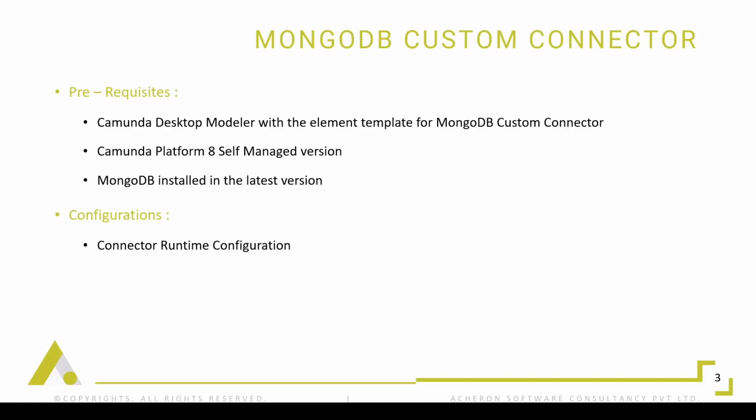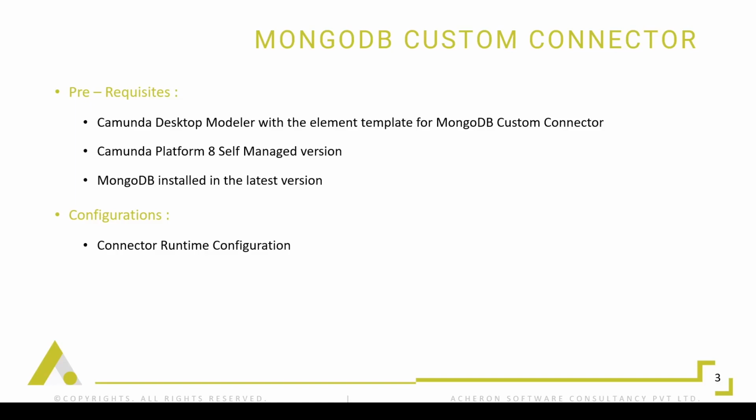Okay, moving forward, let's get to know about the connector and what we require for the connector to run properly and as expected. So, before moving to what are the possibilities of our connector, we will be having some requirements. We need to have a Camunda desktop modeler installed and the MongoDB custom connector element template should be placed in the appropriate folder for the modeler to render it.